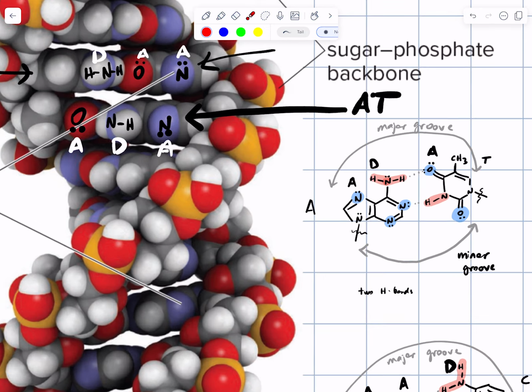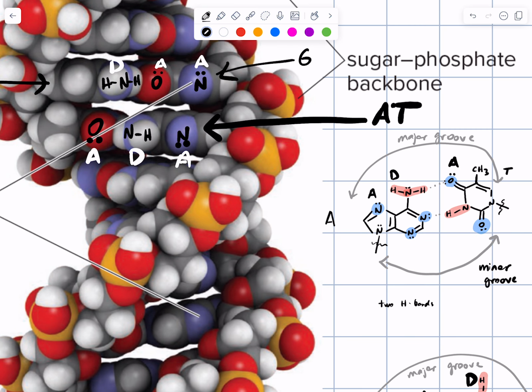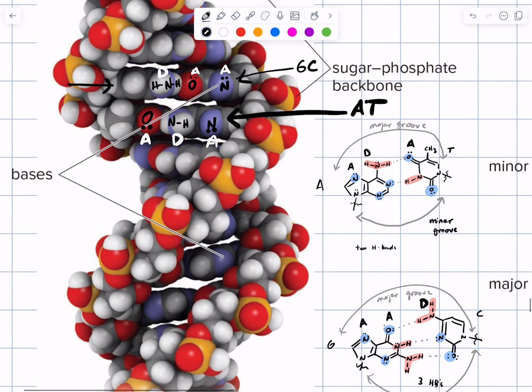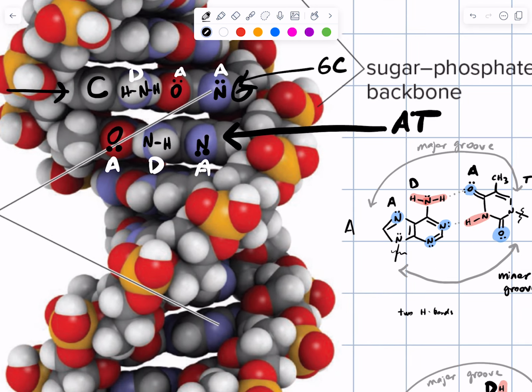That tells you, by the way, if this is a GC base pair, which side is G and which side is C? Which one has the exocyclic amino group? That's C. And then which side has the oxygen and the nitrogen? That's G. Okay, good. Let's do the same for the AT base pair.